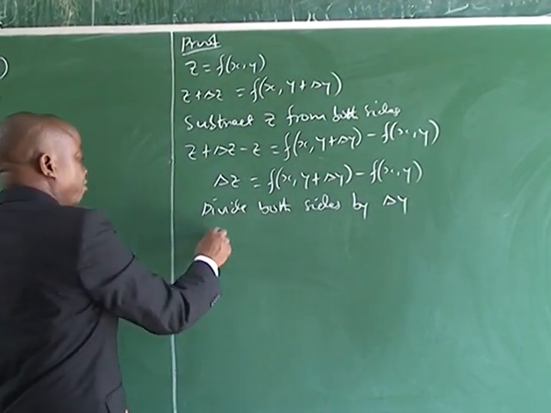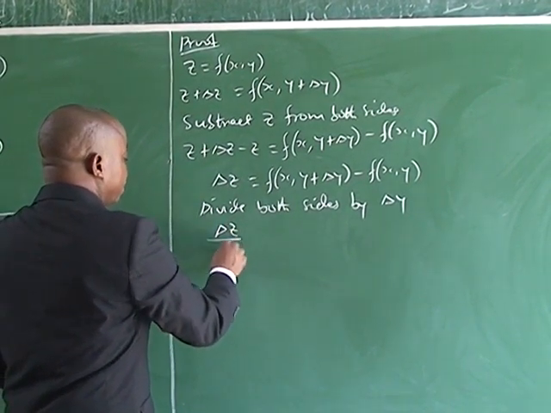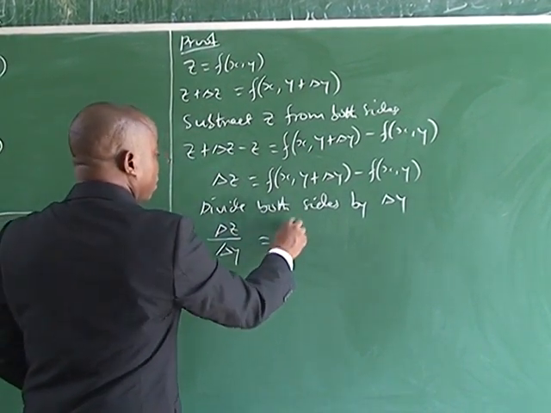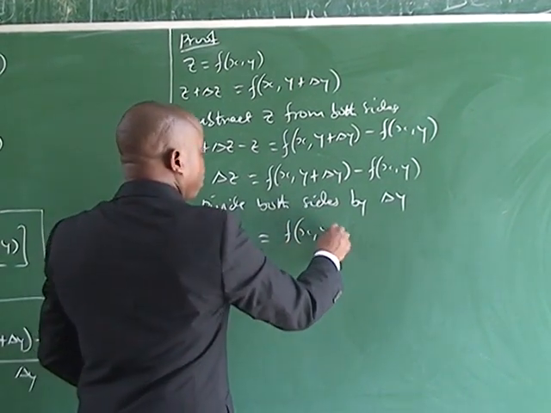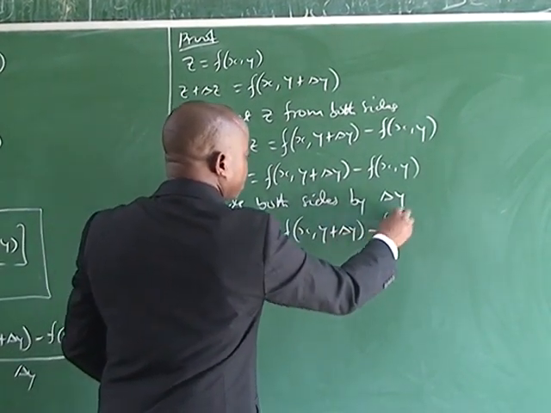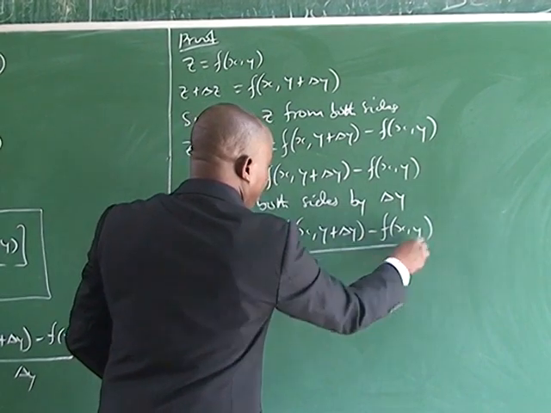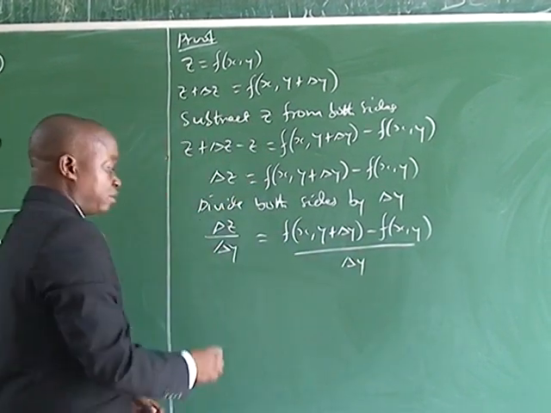If you do that, we have change in z over change in y will be equal to f of x, y plus change in y minus f of x, y, over change in y. Now take limits.